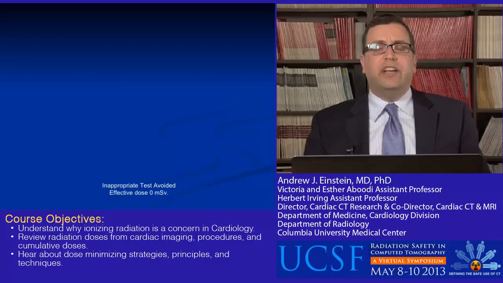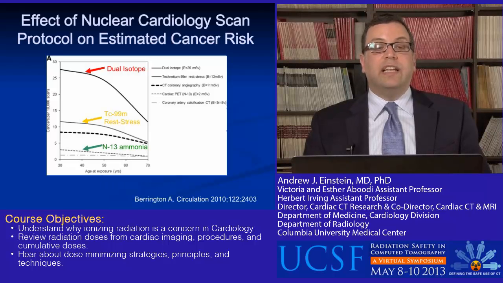So optimization and justification really work in tandem to each other. The most optimized study is the inappropriate test, which is never performed. This has implications in terms not just of radiation dose, but also of cancer risk to our patients. As you can see here, lower dose procedures are associated with lower estimated cancer risk to patients.